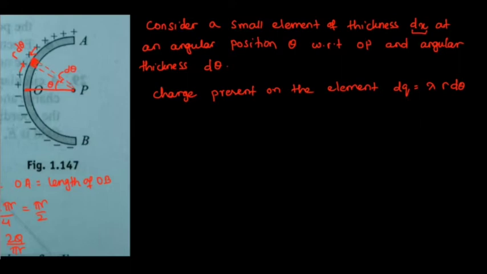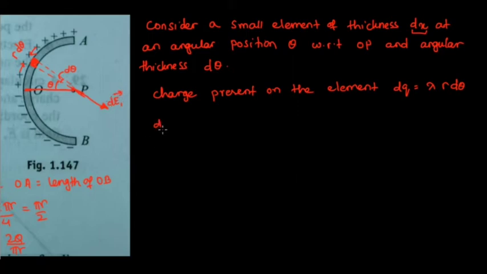This element is chosen in the upper half, so it has positive charge, and due to this positive charge the electric field at the point P will be directed in this direction, and let us say this is dE1 vector. Is that clear?